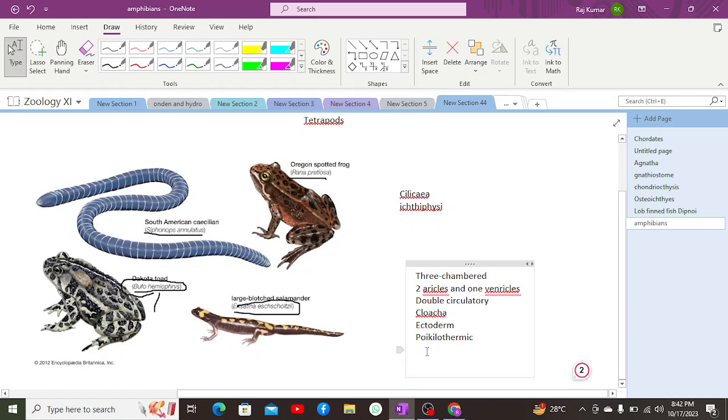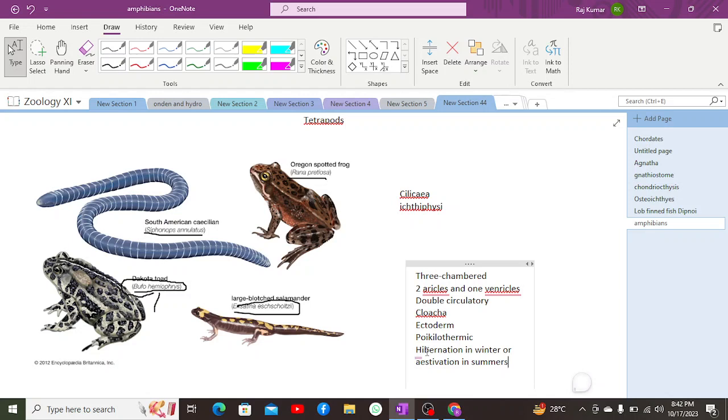As these are poikilothermic, in order to regulate their body temperature, they either undergo hibernation in winters or estivation in summers. Estivation is the resting period in which the organism becomes inactive in order to avoid the severe heat of summer by burying itself inside the mud.